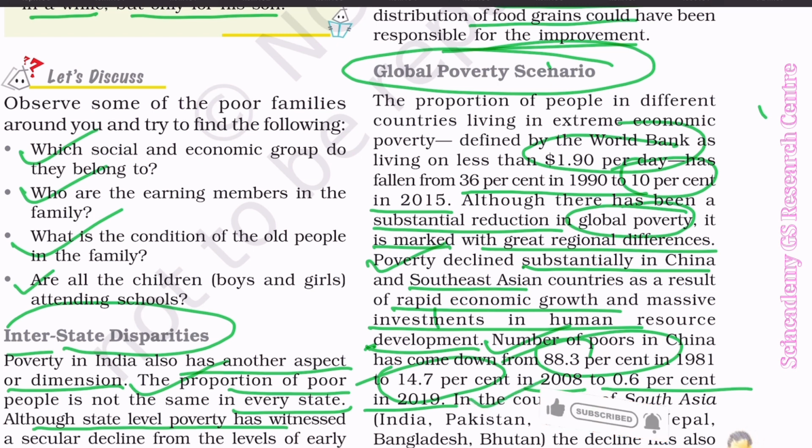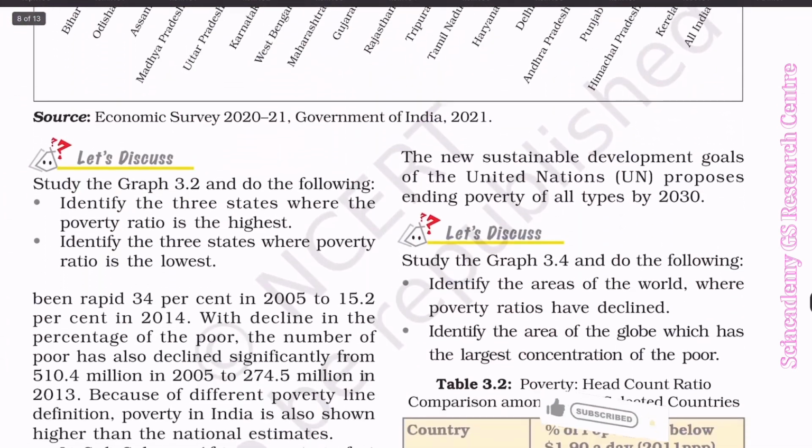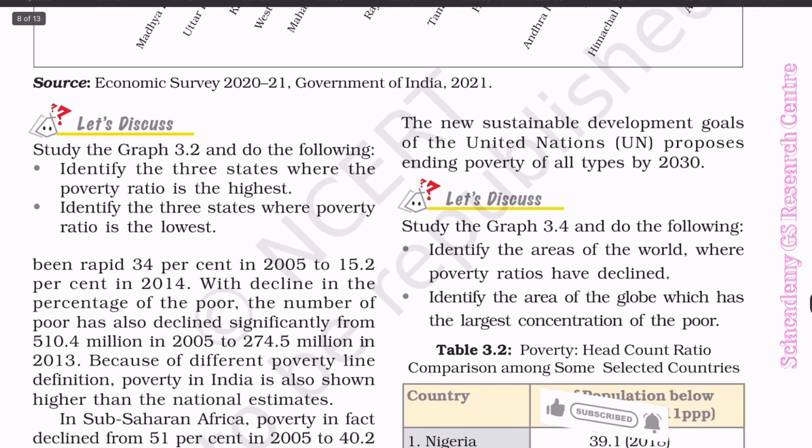In the countries of South Asia like India, Pakistan, Sri Lanka, Nepal, Bangladesh, Bhutan, the decline has also been rapid, 34% in 2005 to 15.2% in 2040.